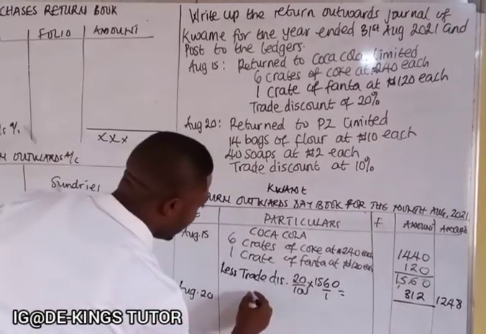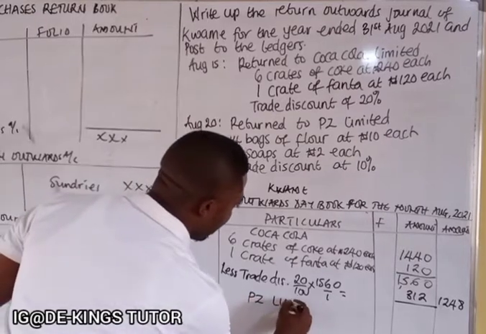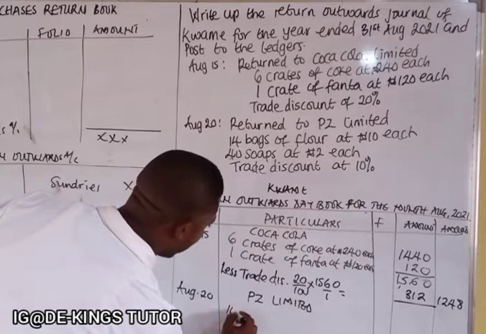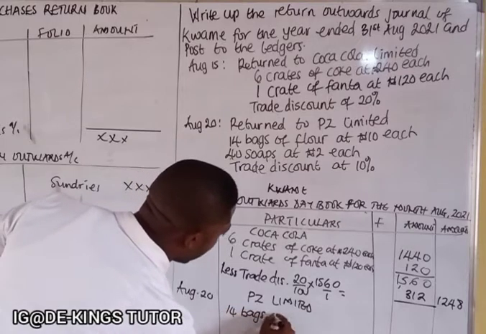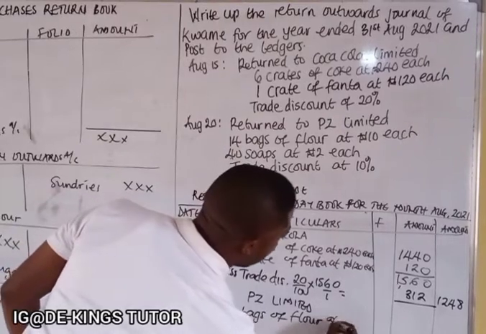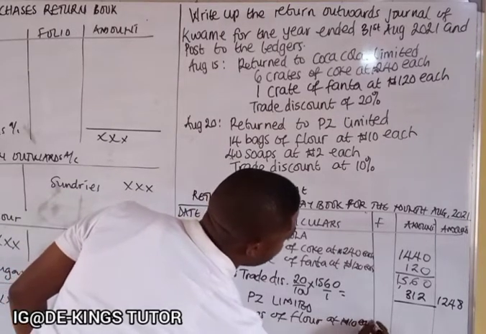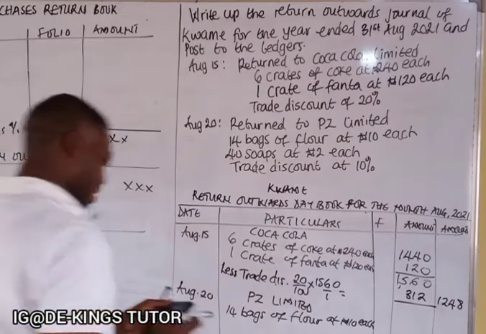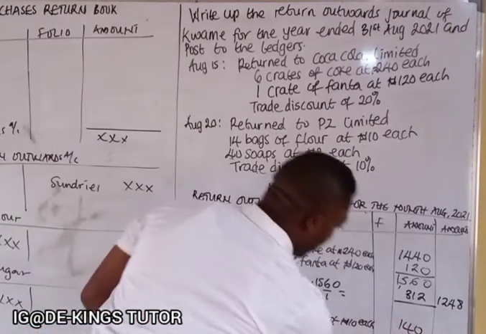PZ Limited, 14 bags of flour at 10 naira each. So that is 14 times 10, that is 140.